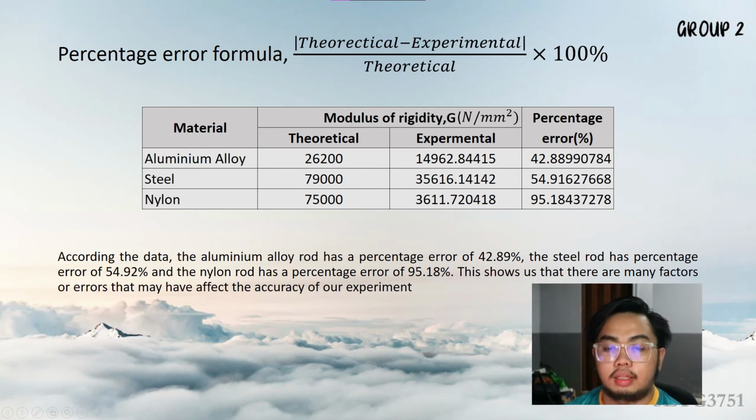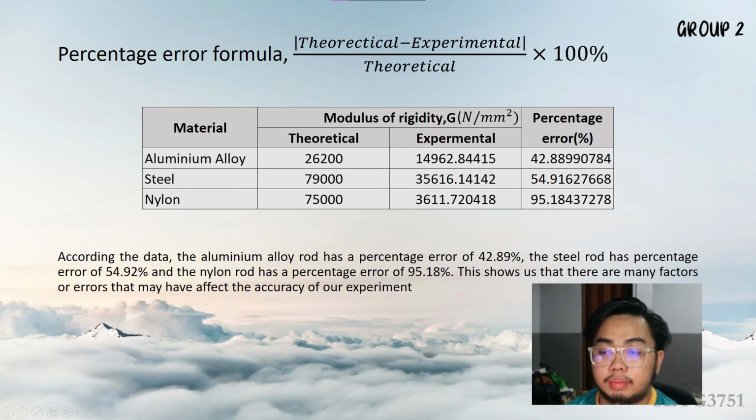We also calculated the percentage error, which has a formula of theoretical values minus our experimental values over the theoretical values times 100%. According to the data, the aluminum alloy rod has a percentage error of 42.89%.